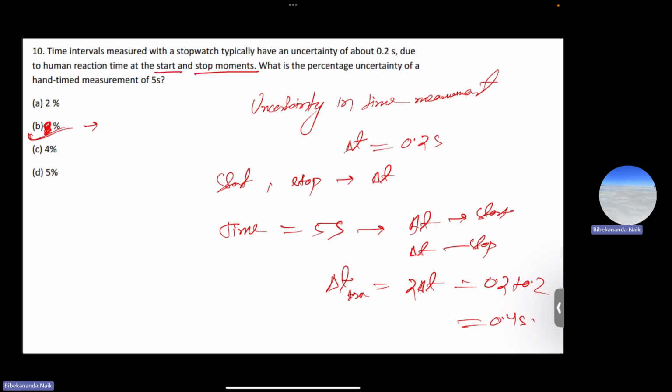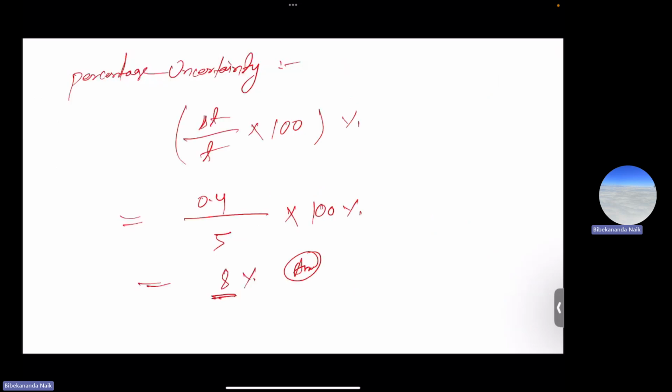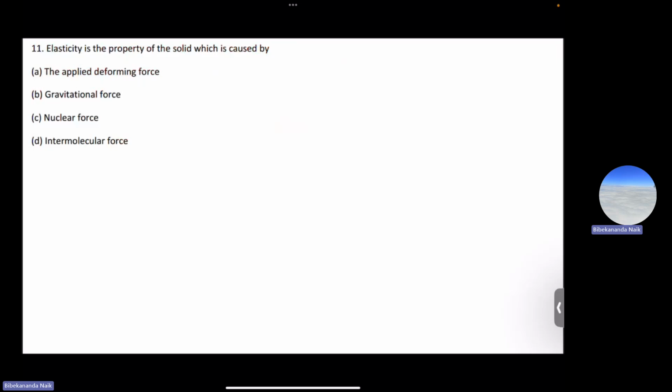At the start, when the measurement started, there must be uncertainty of 0.2. Then at the stop time, there must be uncertainty of 0.2. So total uncertainty is 0.4 in the measurement of 5 seconds. So the percentage uncertainty is 8%.